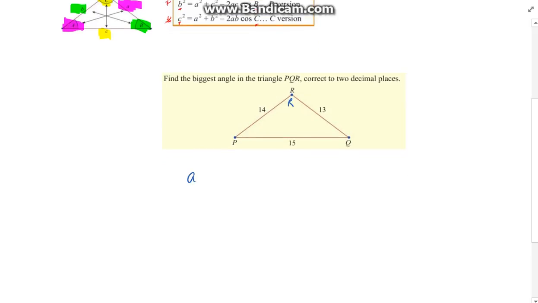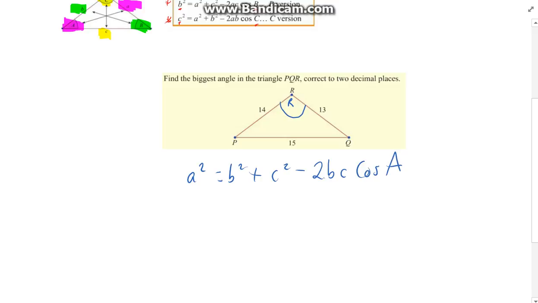So our cosine rule is a side squared equal to another side squared plus the last side squared minus 2 times those sides, cosine of the angle opposite the side we started with at the beginning. We know we're trying to find the angle, so it's our angle that's going to be unknown.